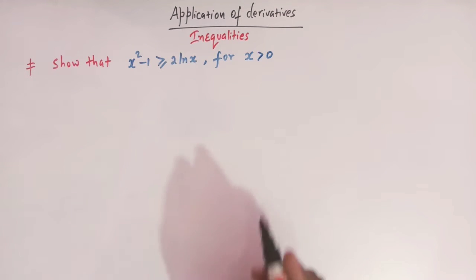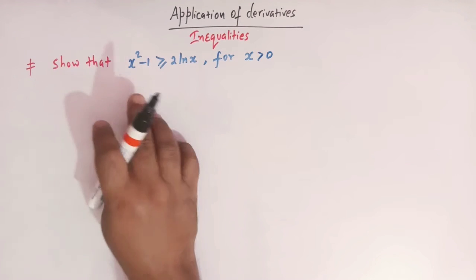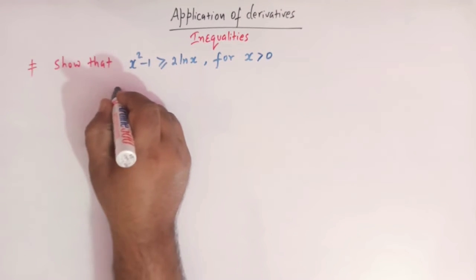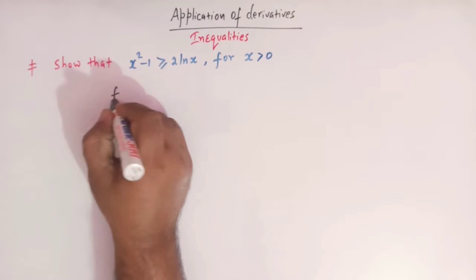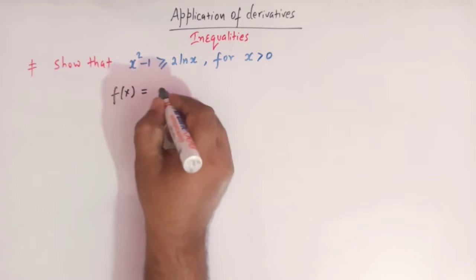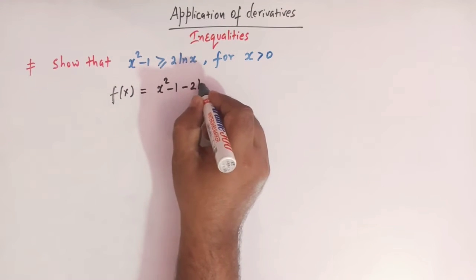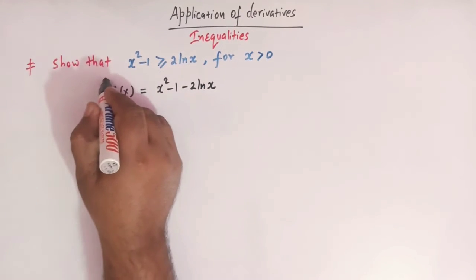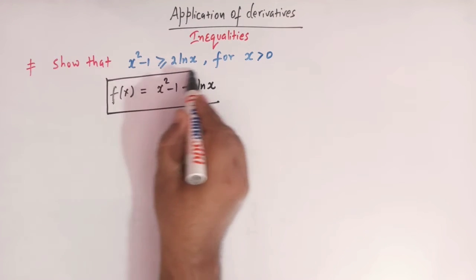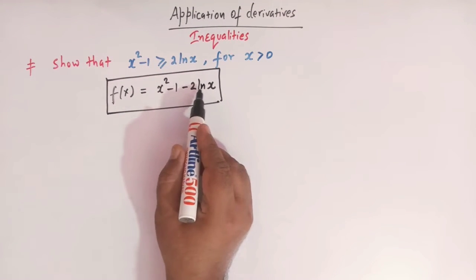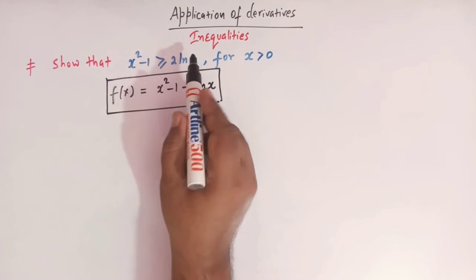We'll consider a function f of x, right? So we'll take f of x equal to x square minus 1 minus 2 times log of x.